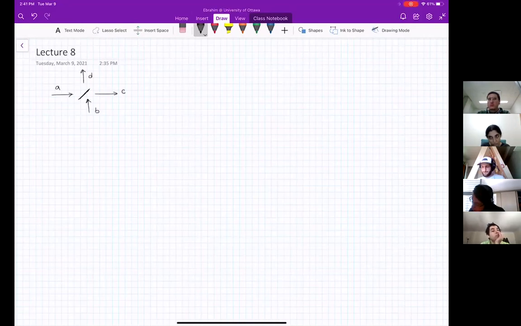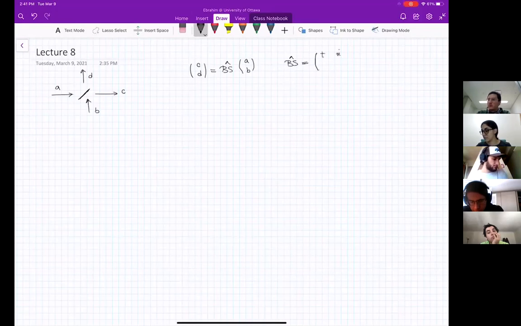Then we say that C and D are linked to the input via the beam splitter action, where we set the phase in such a way that we found the relation T, IR, IR, T. Let's just briefly check. So C will have a reflected part from B, which is true, and a transmitted part from A. Excellent.